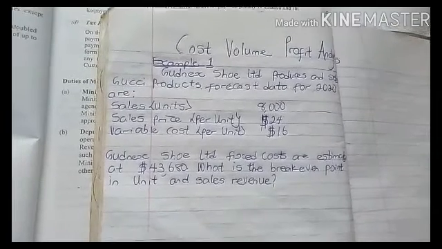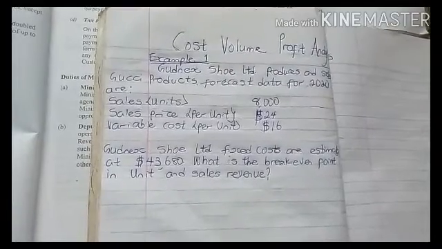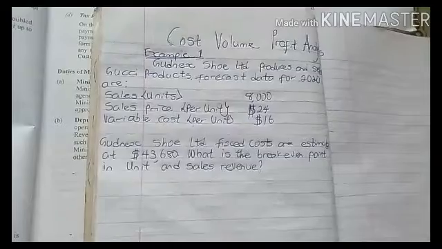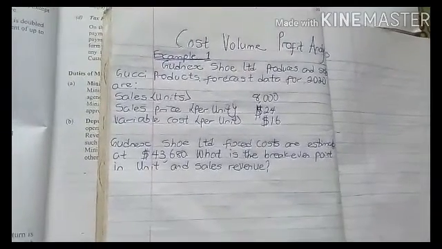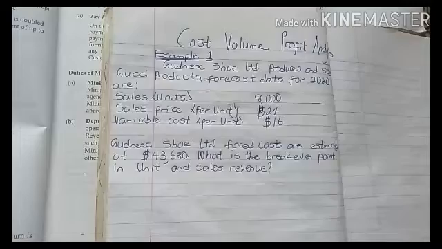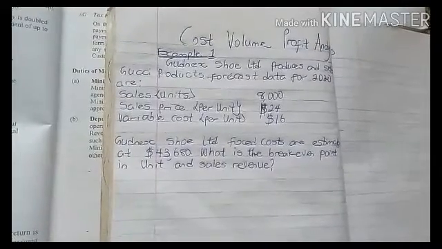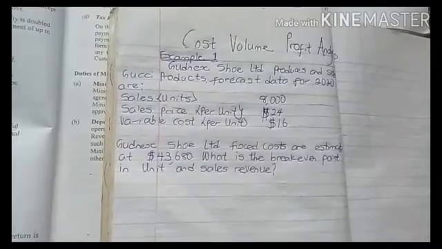Here's the question. Goodness Shoe Limited produces and sells Gucci products. Forecast data for 2020 are sales units 8,000, sales price per unit $24, variable cost per unit $16. So Goodness Shoe Limited fixed costs are estimated at $43,680.